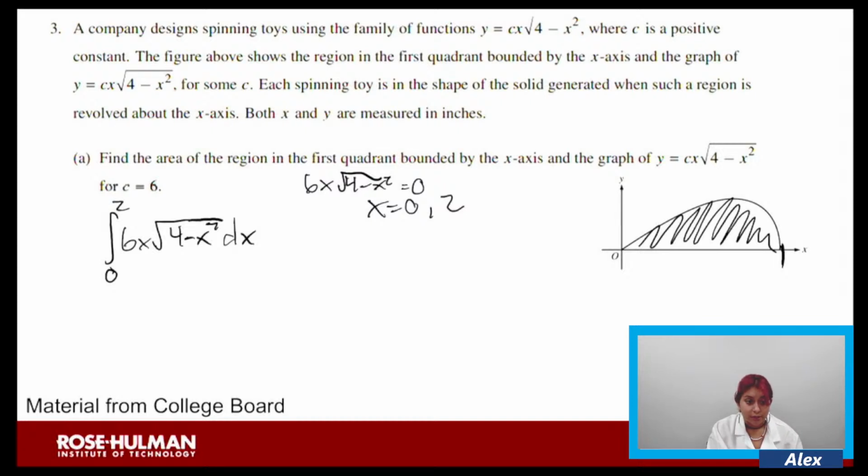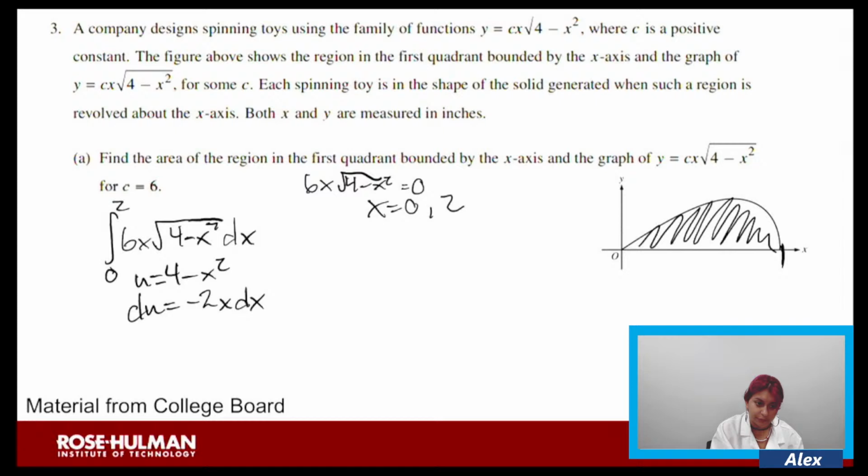For this one, you would need to use u substitution. You would let u equal what's under your radical, so 4 minus x squared, and let du be negative 2x dx.